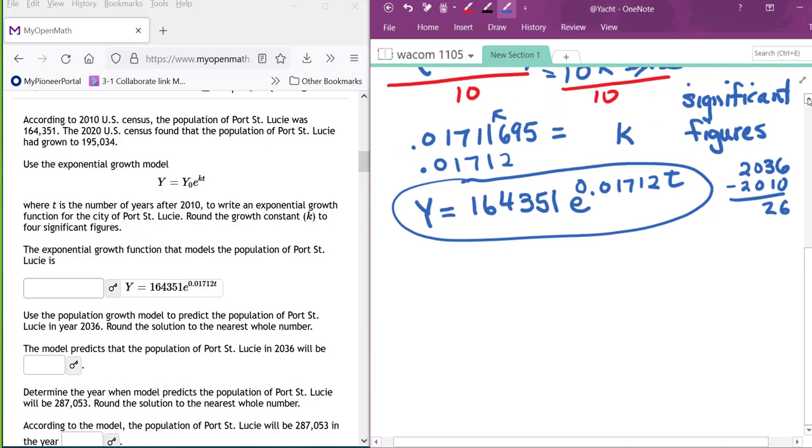And we will just have to plug in to do the math on this. So we'll have y equals 164351 e to the 0.01712 times 26. So we're not taking a logarithm here, we're just going to do this math.